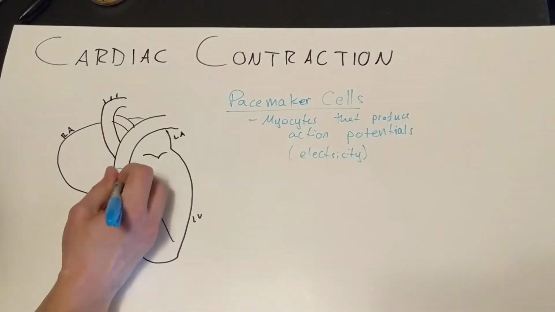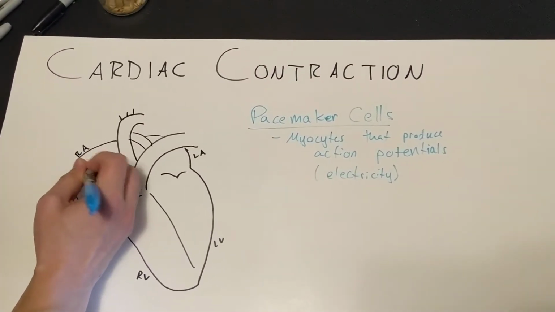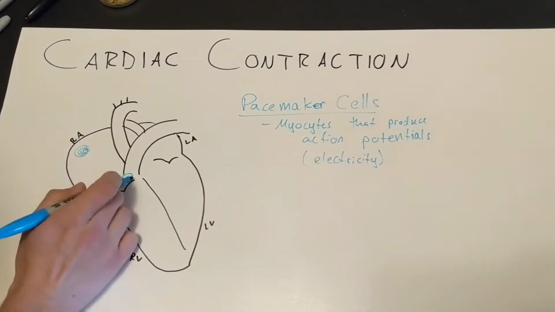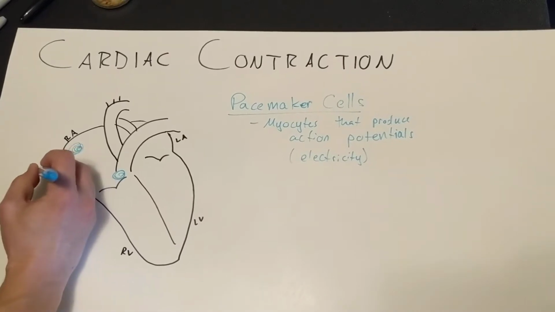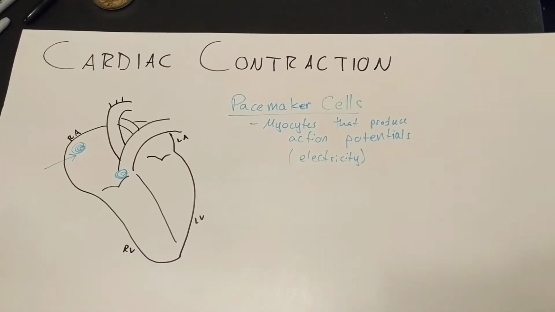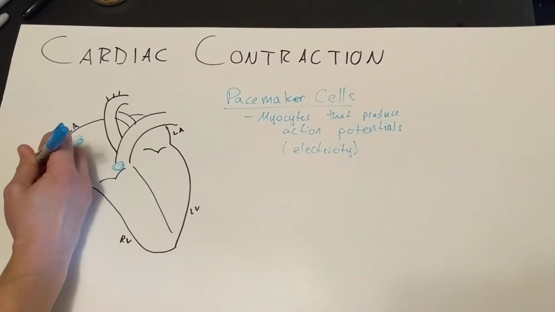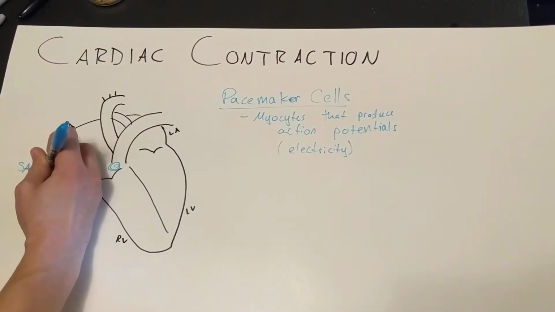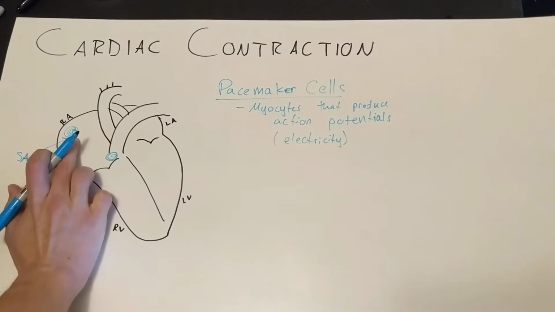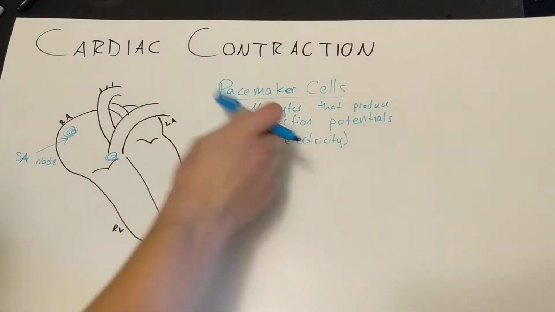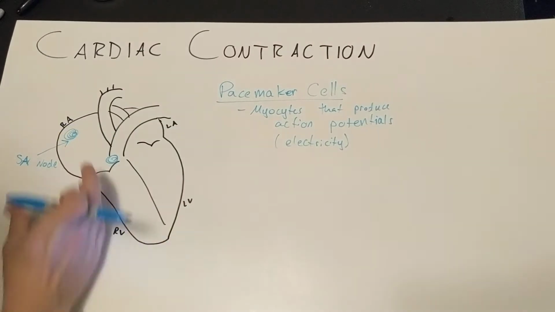We have one here, and we have one here. One in the right atrium and one on the right atrium, right ventricle border. We're really only gonna talk about this one and just in the extent of this spot. This is called the SA. This is a bundle of pacemaker cells that push those action potentials through the heart.